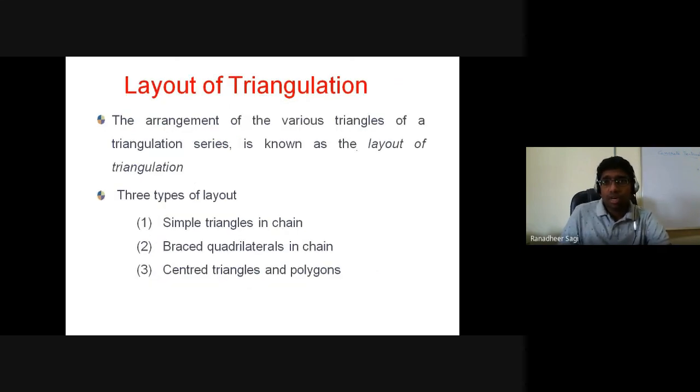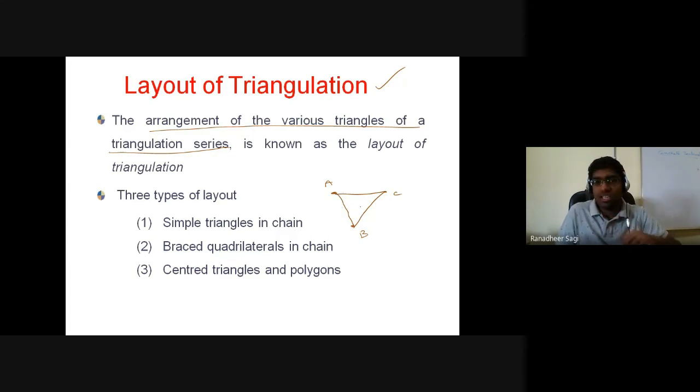Now, when we talk about triangulation, what does the layout of triangulation mean? It's the arrangement of the various triangles of a triangulation series. Let's say this is one triangulation station, station A. This is another, station B. And I've got another, station C. So this is one triangulation network.